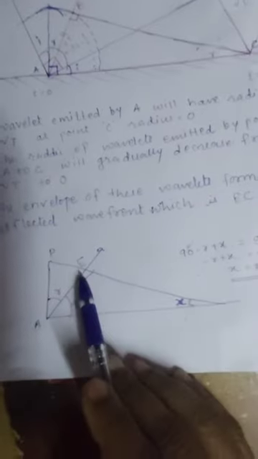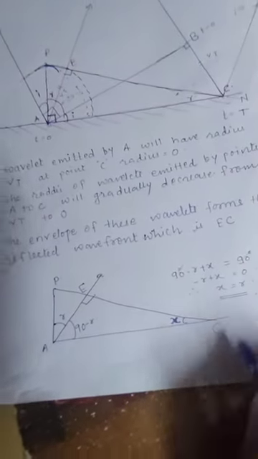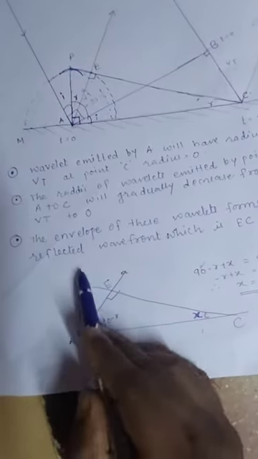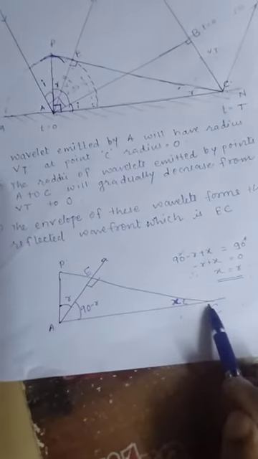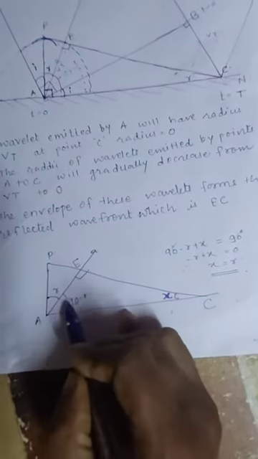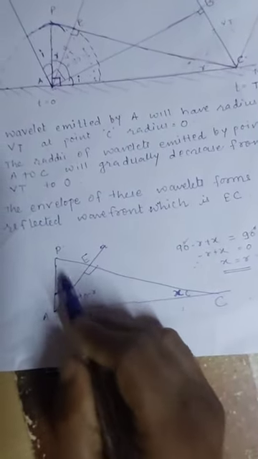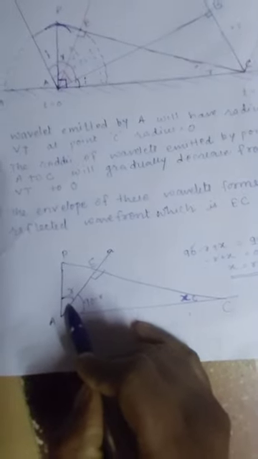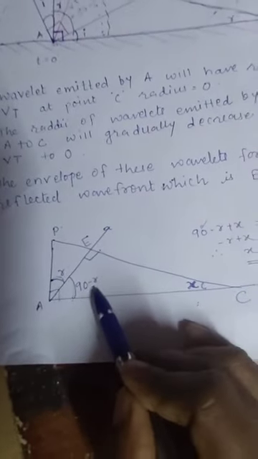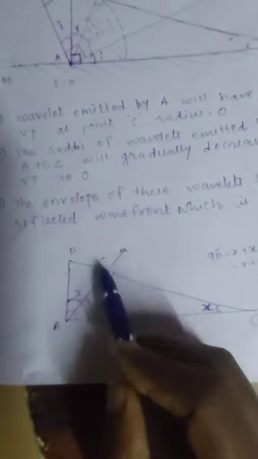Once again, I will show a separate diagram for this explanation. You can see here, AE is perpendicular to EC, and AP is perpendicular to AC. We already have the angle of reflection PAE equal to R. If it is 90 degree, then this angle must be 90 minus R. Again, this angle is 90 degree as AE is perpendicular to EC.